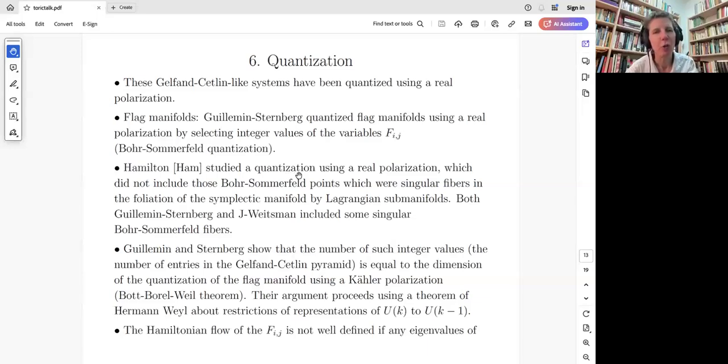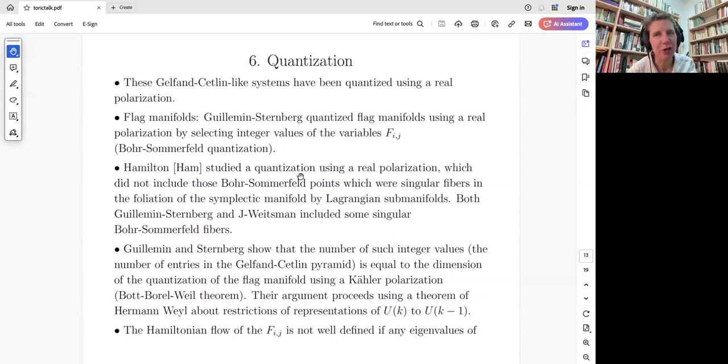One typical way of thinking of this, coming from quantum mechanics, would be to take the phase space, which is R^2, where one coordinate is position and the other coordinate is momentum, and then the quantization is just the square integrable functions of position, or equivalently, the square integrable functions of momentum.